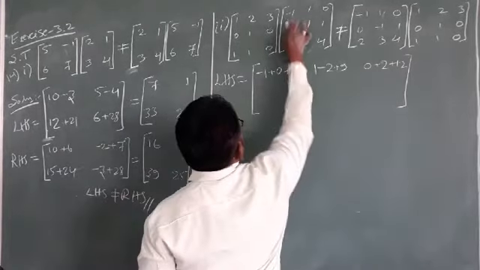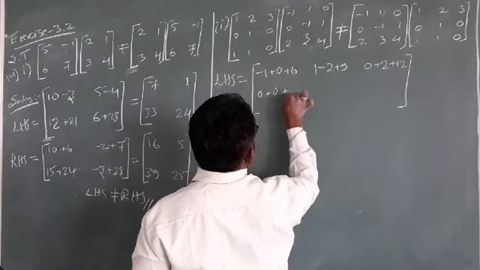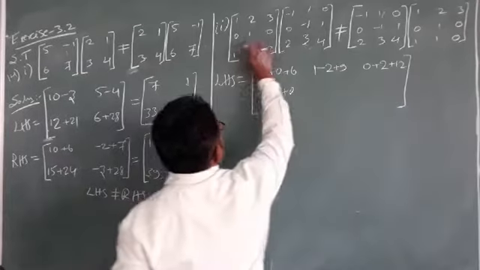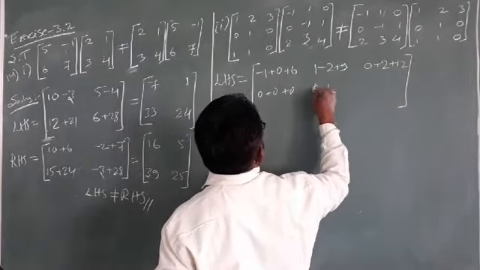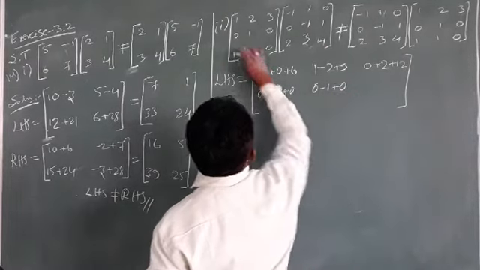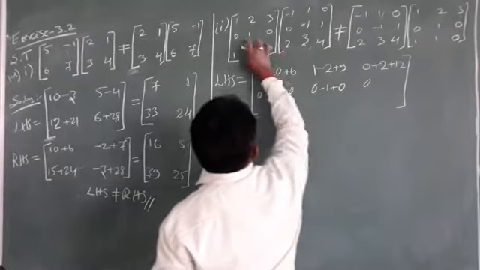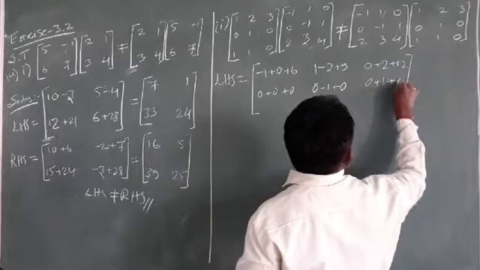Okay. 0 into minus 1, 0. 1 into 0, 0. 0 into 2 is 0. 0 into 1, 0. 1 into minus 1, minus 1. 0 into 3, that is 0. 0 into 0, 0. 1 into 1, 1. 0 into 4, 0.